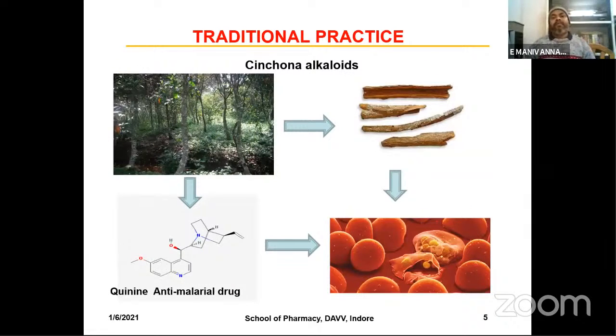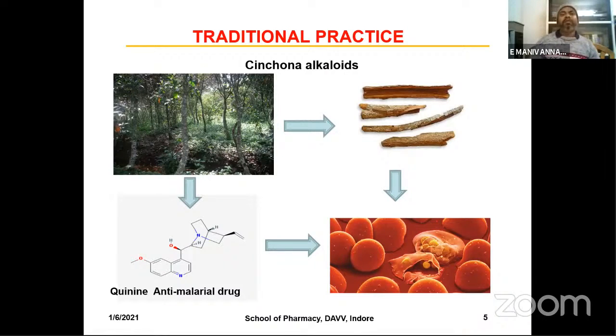The next example for traditional practice is cinchona alkaloids. Quinine, quinidine, cinchonine, cinchonidine are antimalarial alkaloids. Cinchona is obtained from Cinchona officinalis, one of the species. The cinchona bark, the bitter tasting bark, contains these alkaloids, and quinine has antimalarial effect.